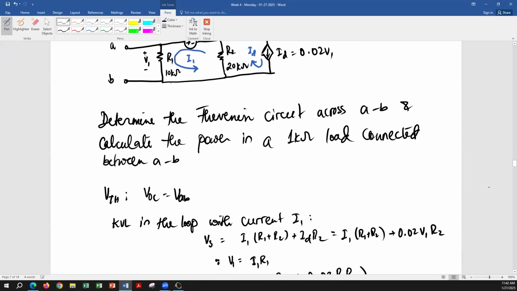ID is gone, R1 is gone because this becomes short, so this and this one.